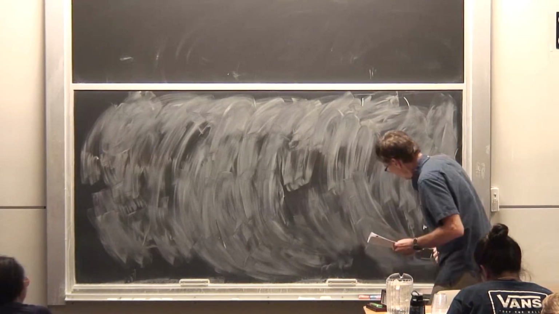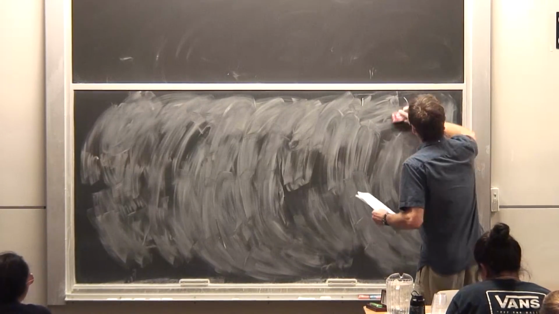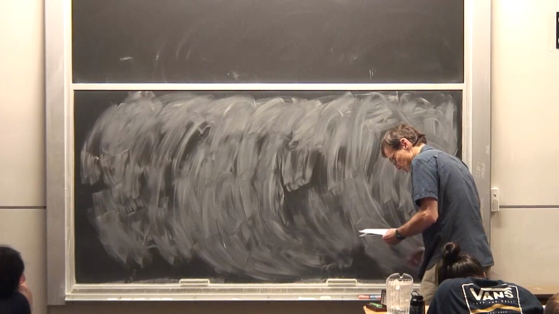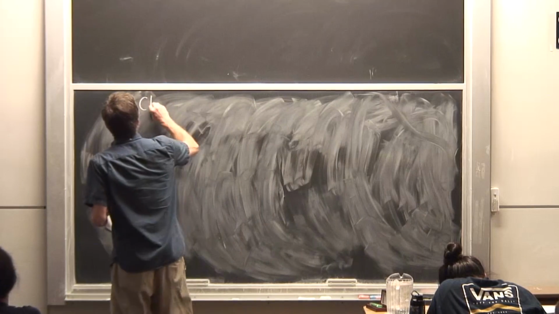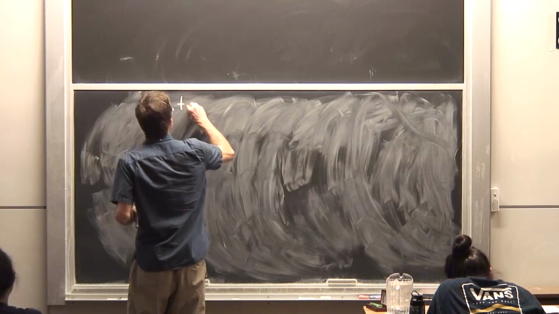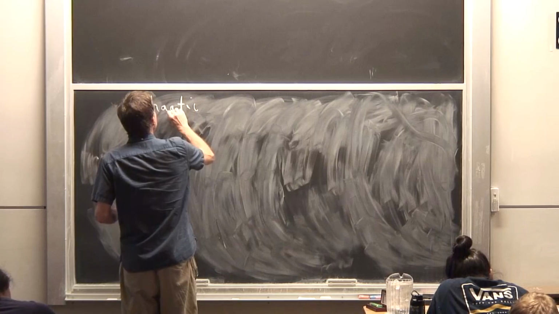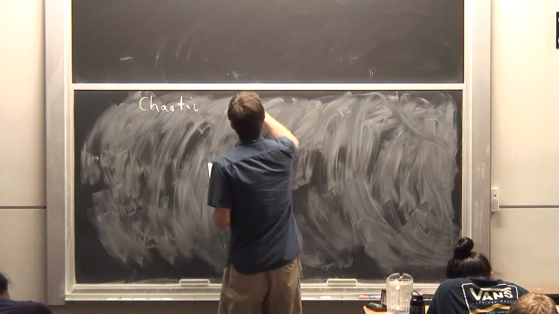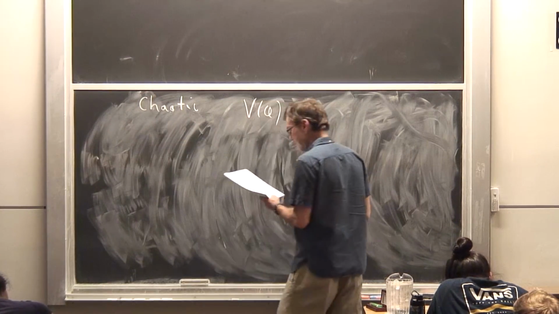Andrei Linde proposed a very simple class of inflationary models that are known as chaotic. And they're nothing more than a monomial.